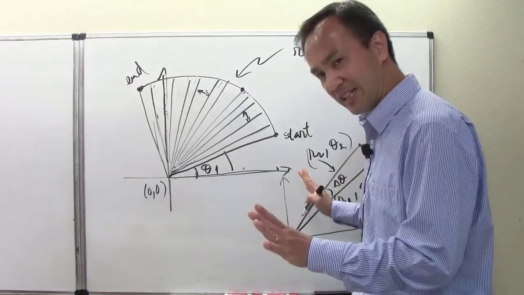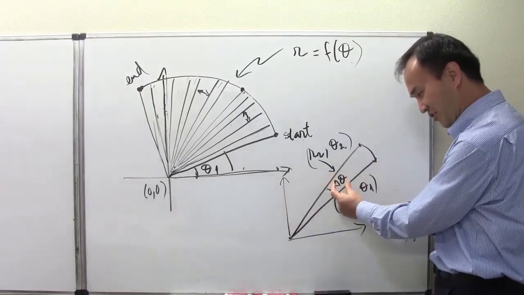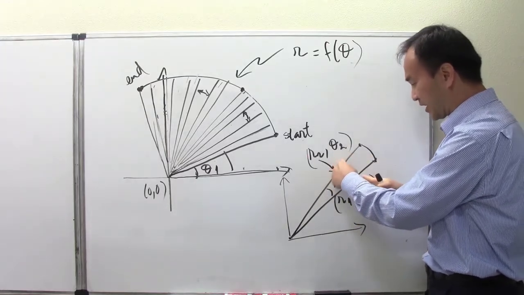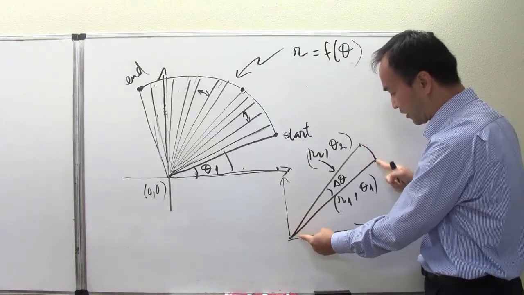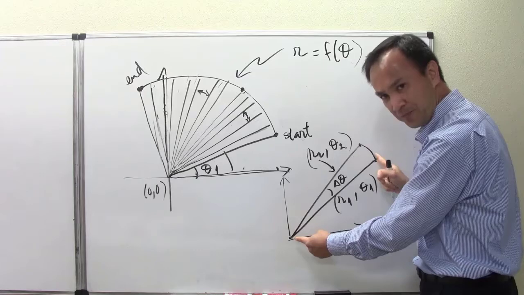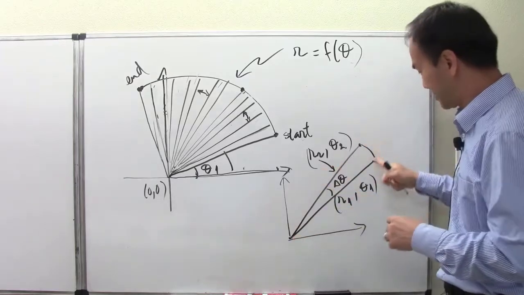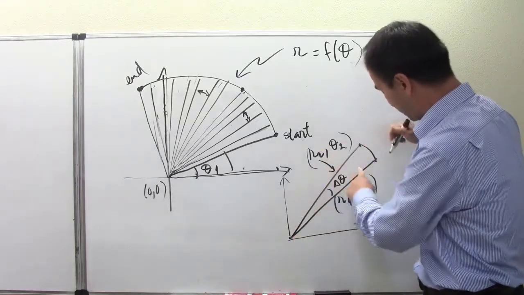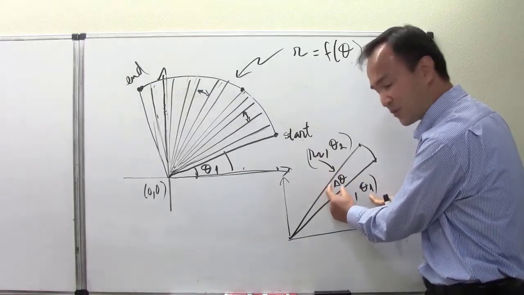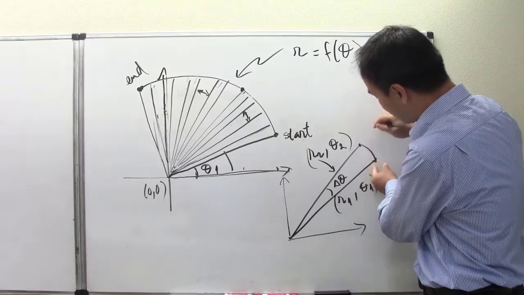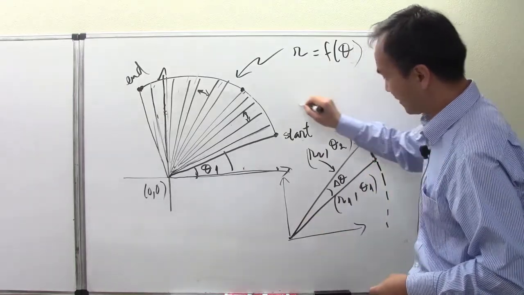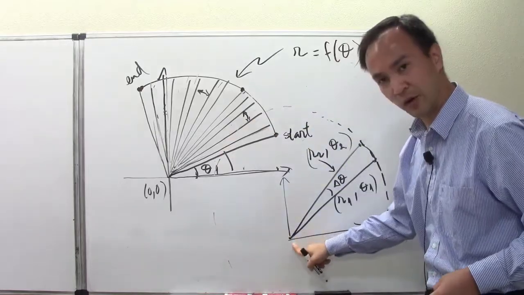And as I said earlier, assuming that the change in theta is small enough so that there's not much difference, or the difference between r2 and r1 here is negligible to the point that it's just one r value. Just think about when this change in theta is small enough, then this almost perfectly fits on a circle right there, a circle centered at the origin 0, 0.